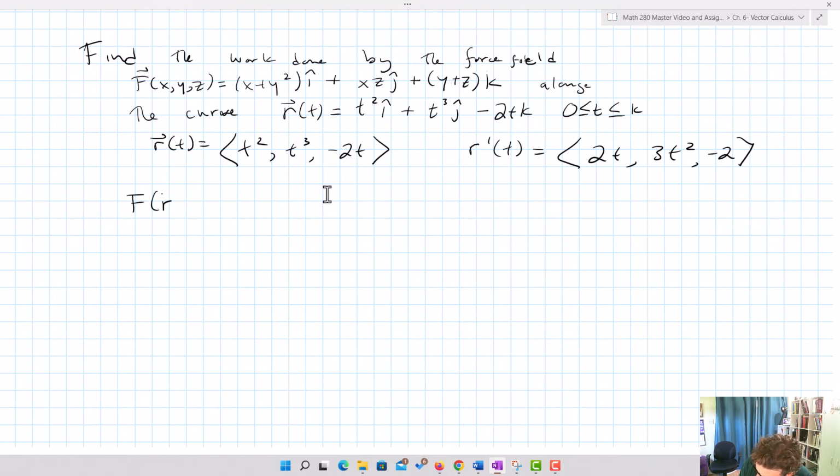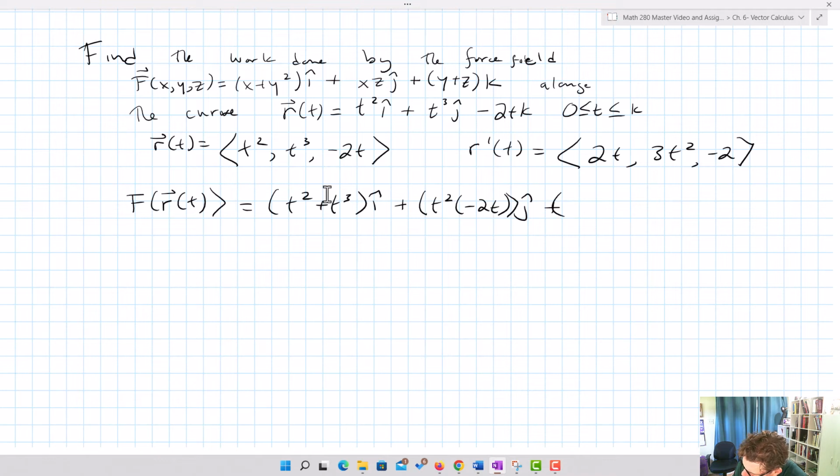F of r of t is going to end up equaling, we're going to get (t squared plus t cubed) i plus t squared times negative 2t j plus (t cubed minus 2t) k.